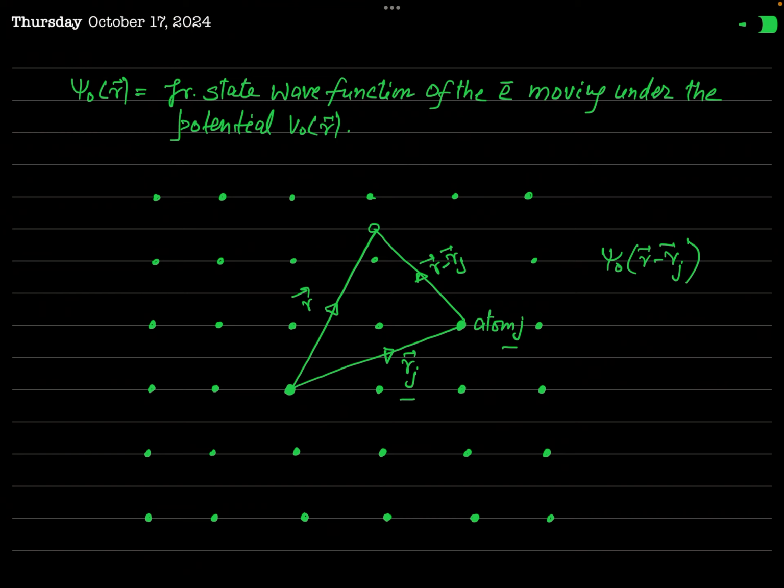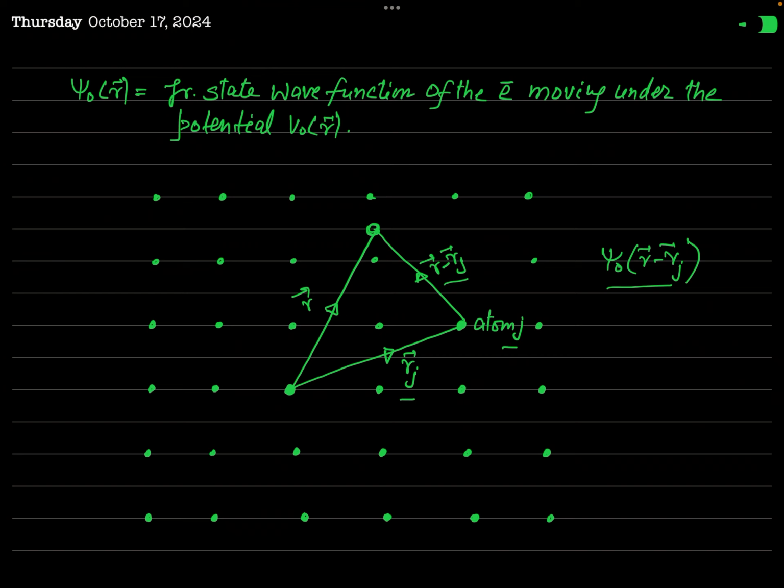Okay. So if you consider that there is an atom here whose position vector with respect to this jth atom is R minus Rj, then the wave function of this electron will be almost given by psi naught of R minus Rj, provided that this other atom is in the vicinity of this jth atom.